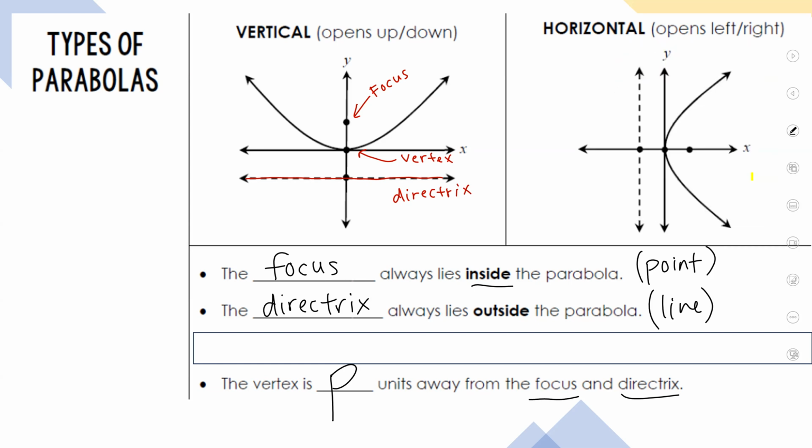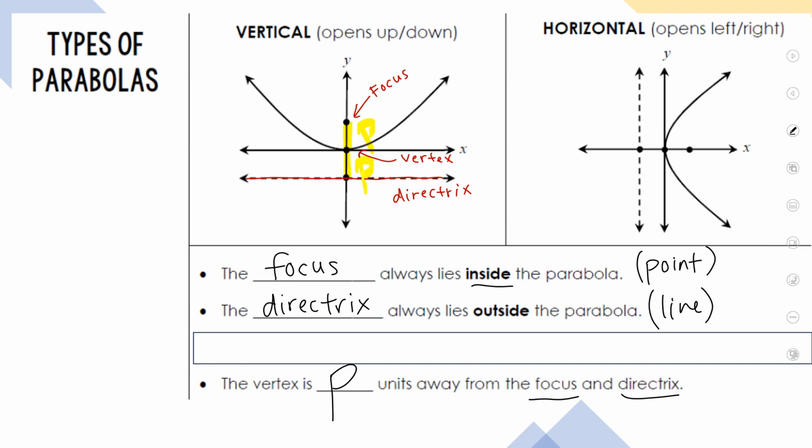The distance between the focus and the directrix, the distance is p. And it's going to be the same for the vertex and the directrix. It's going to be some value p. So let's say p is 4. That means they're 4 spaces apart. The vertex is in the middle. And we'll see some examples of this.